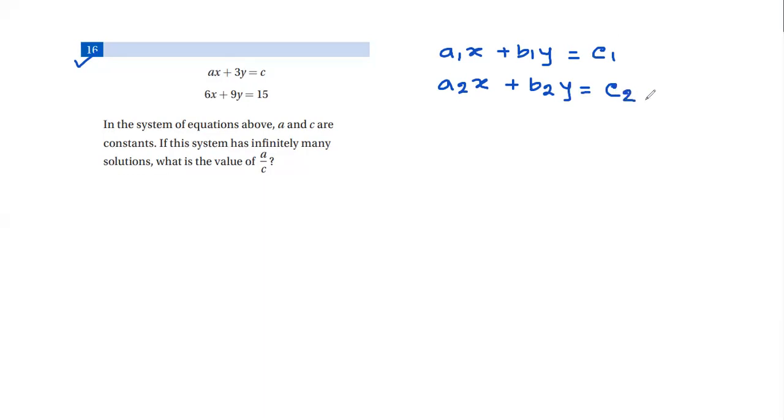With the help of a1, b1, c1 and a2, b2, c2, we can actually predict the number of solutions and consistency.